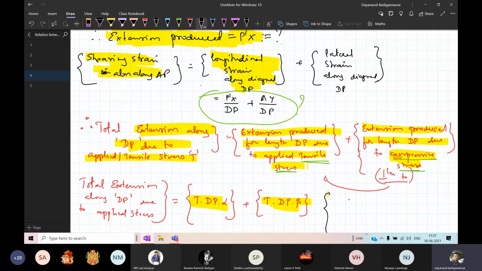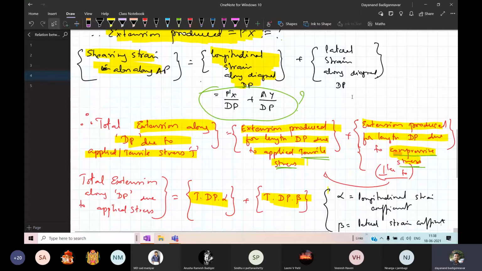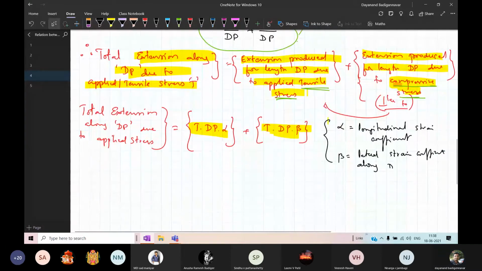I have given in the last part that alpha is the longitudinal strain coefficient. What is beta? Beta is the lateral strain coefficient along dp.